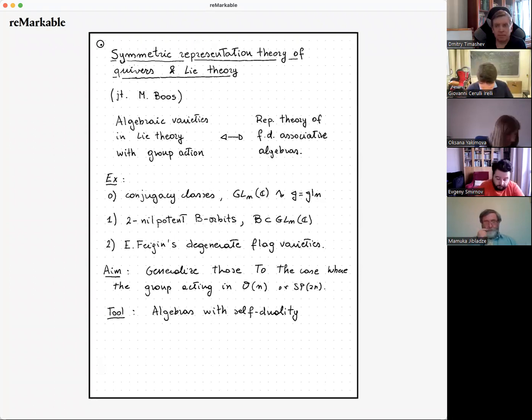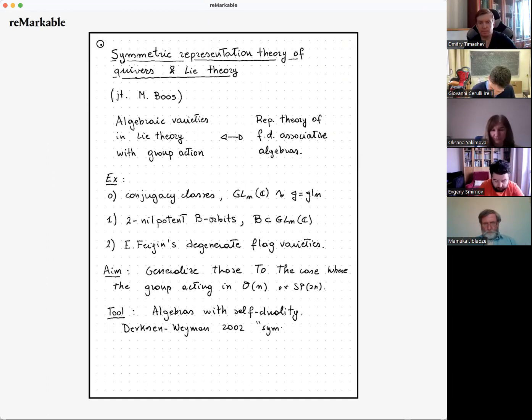Before, in 2002, Derksen and Weyman, I want to mention this, called them symmetric quivers. The problem is that the representation theory of algebras with self-duality is not well developed. There are many things still missing, and we are trying to fix that with Lena.